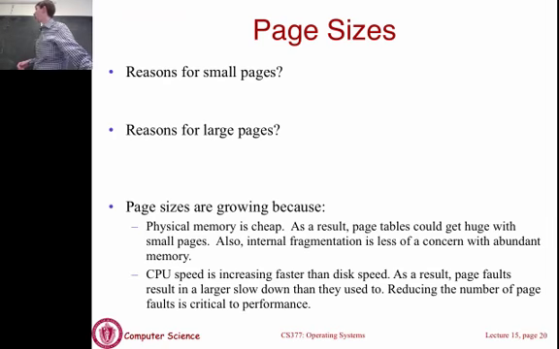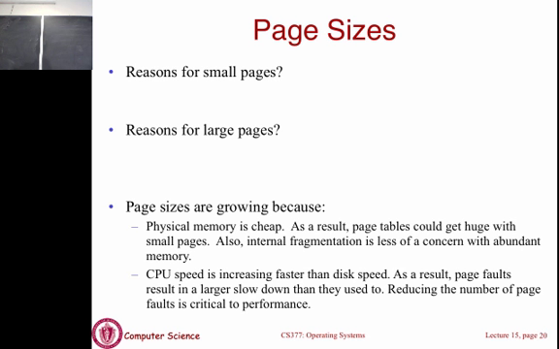Right, decrease internal fragmentation. Because remember, when we're allocating pages, that's the minimum amount of memory we're allocating. So if your process needs this amount of memory, but a page is this large, this is all internal fragmentation that's being wasted. So the smaller you make your pages, the less internal fragmentation you have.